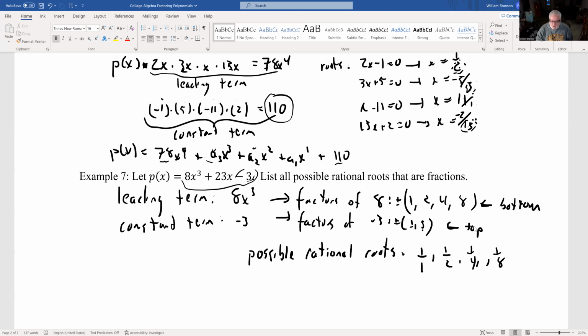Or you can take 3 as the top, and then you get 3 over 1, 3 over 2, 3 over 4, or 3 over 8, right? Because these are your possible tops, these are your possible bottoms, and all of it can be plus or minus.